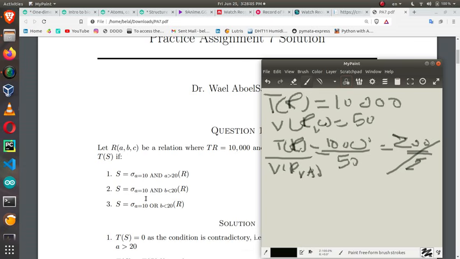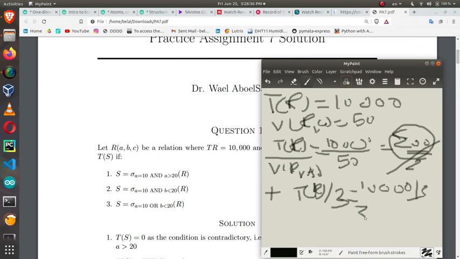The third one, A equal 10, again 200, plus, this is OR operator, B less than 20, so T of R over 3, 10,000 over 3, 3,333, plus 200 gets us 3,533.